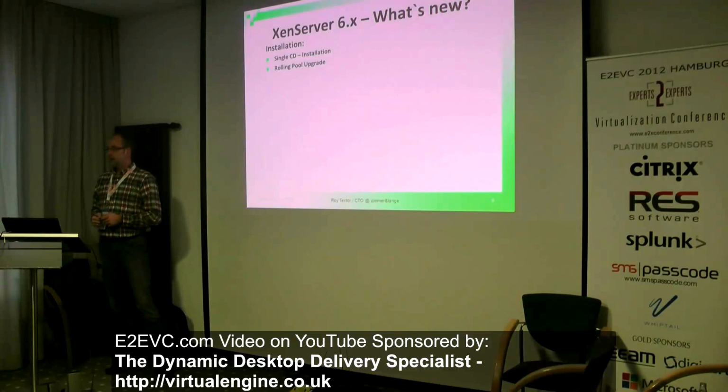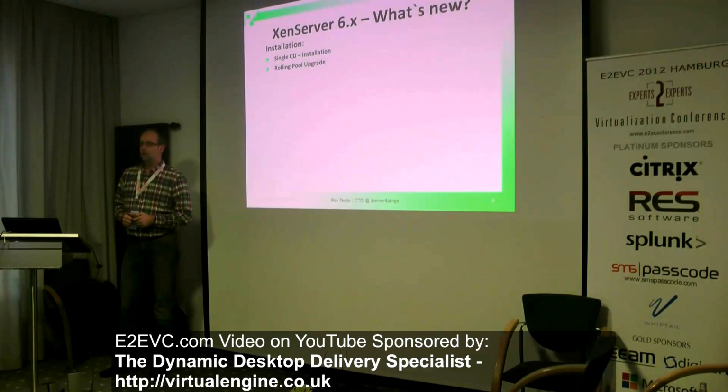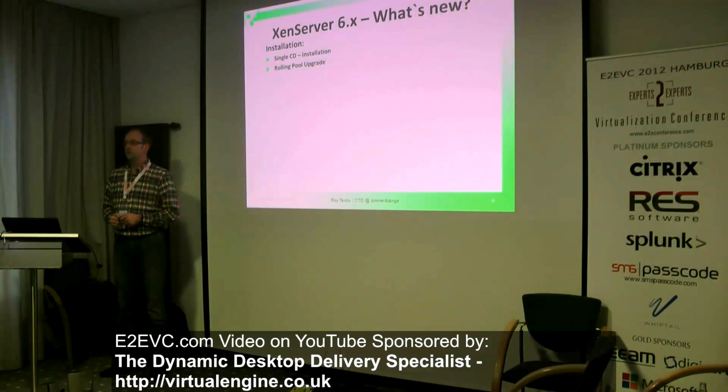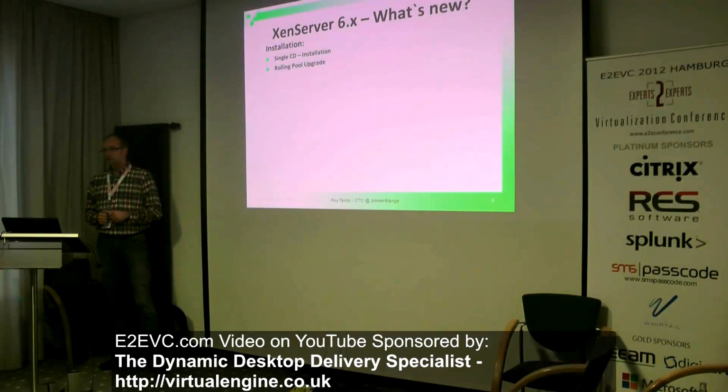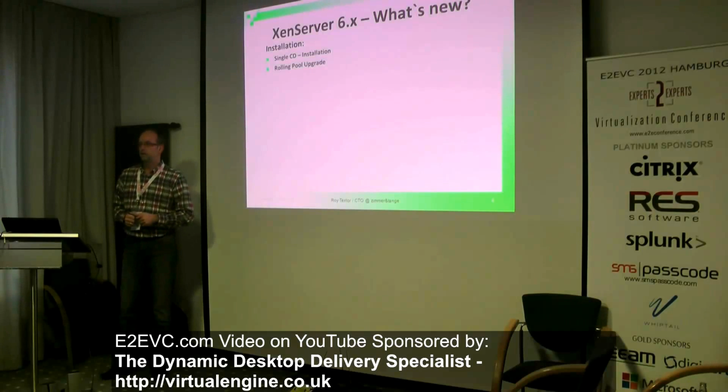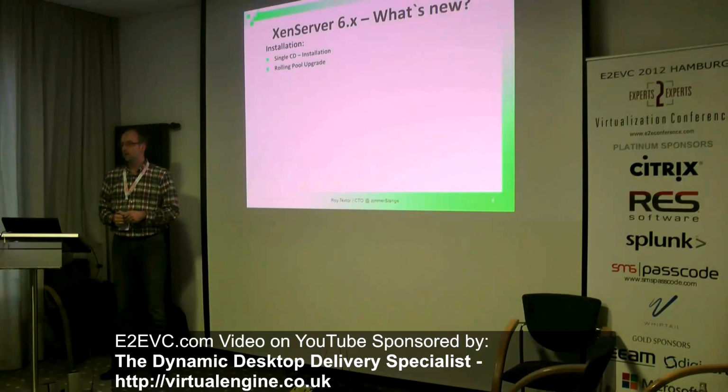You can use the rolling pool upgrade for installation of XenServer. For upgrade installations of XenServer, you previously had to reboot XenServer from an ISO that you had mounted via console or via a physical CD you inserted into the CD drive. You don't need this anymore with a rolling pool upgrade. The only thing you need is a store where these upgrade files are located.